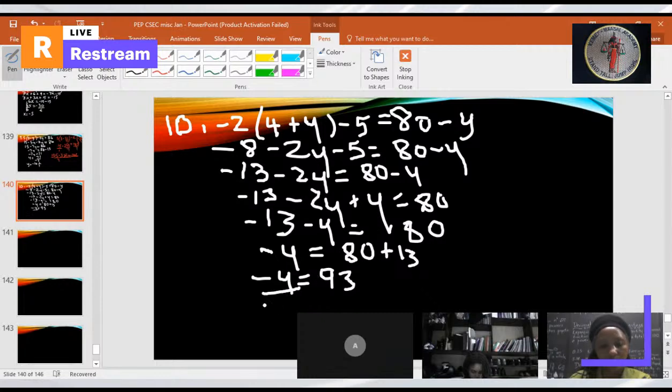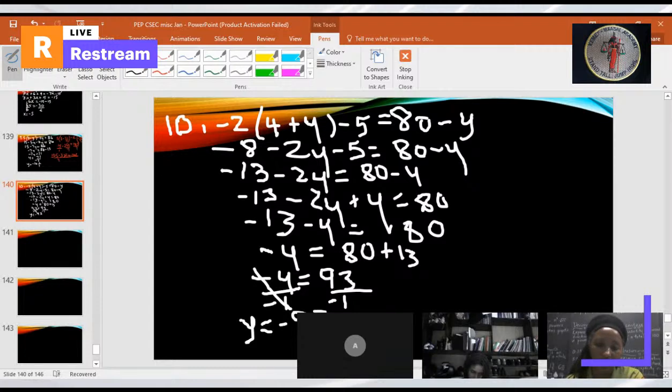Okay, so that will give a positive y, and 93 divided by -1, so we'd end up with y equals negative 93.